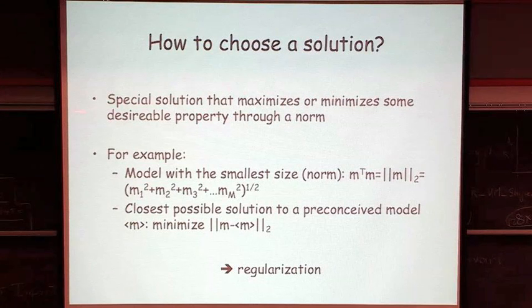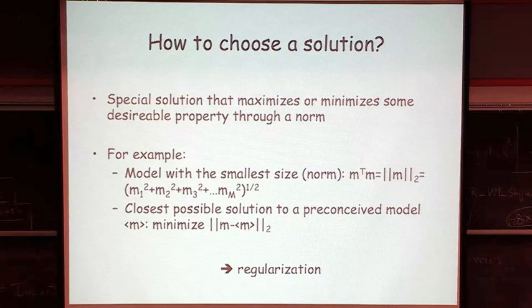So for example, find the model with the smallest size, right? The smallest size here, which we can write, would be the square root of the sum of squares of the model parameters, which I can write also as vector m multiplied by vector m transpose. Actually, that would be the square, sorry, of this.